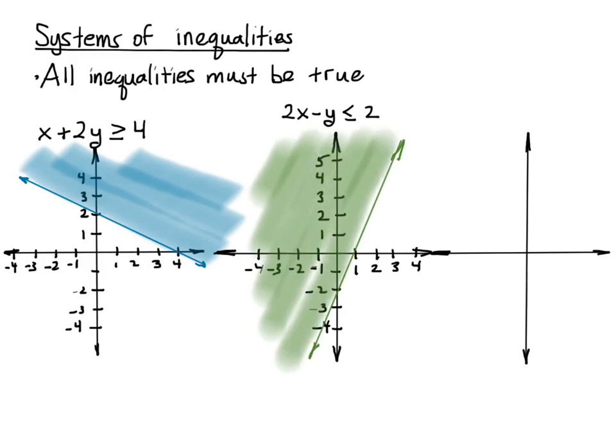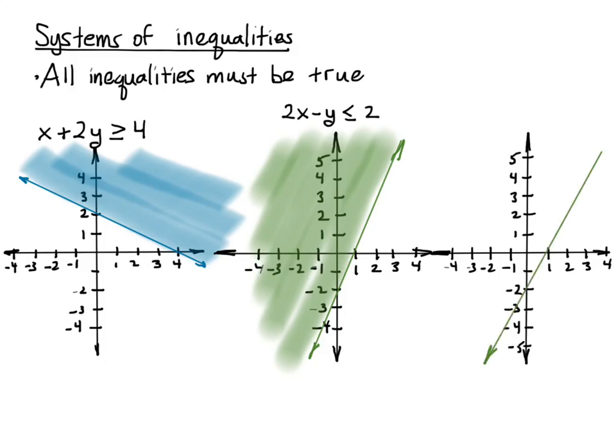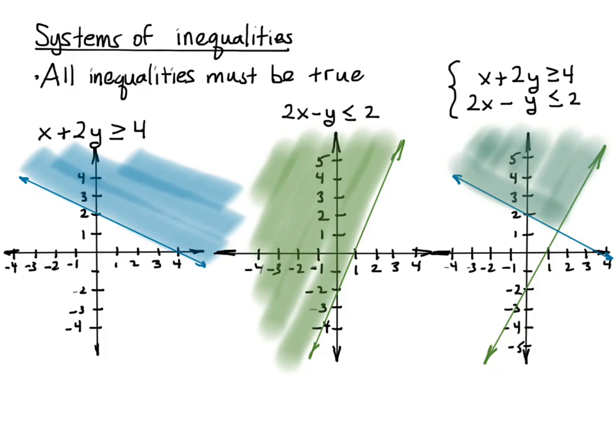So then when we put them on the same graph, both of them involve the lines, but there's only one region where both of them are going to be true. You look at the one on the left, all the blue, it's above that line, and then the one with the green shading, everything to the left of that line is true. So it just turns out that this region up here is the only place that it's true.